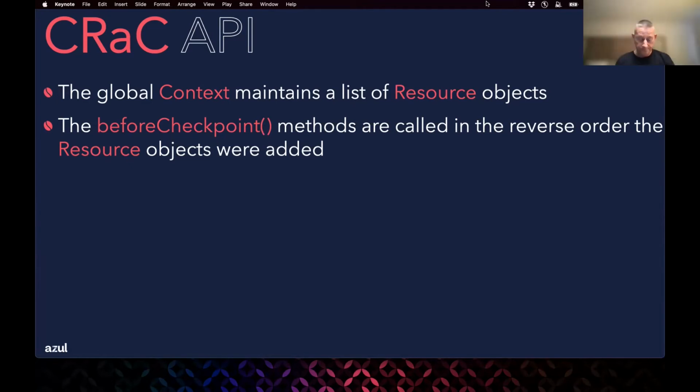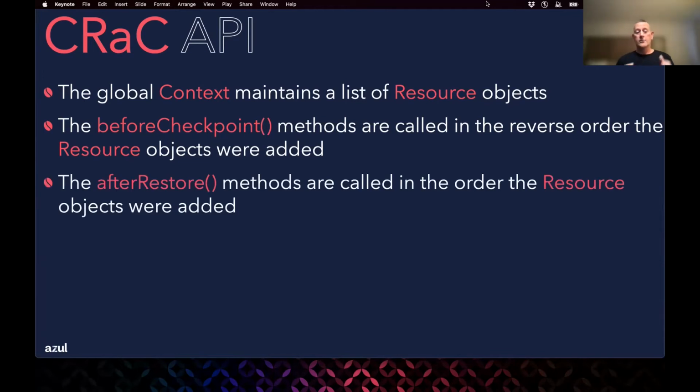So in this case, you have to make sure that you are not only registering the resources in the right order, but if you do the checkpoint, you have to call them in the reverse order to make sure you are back to the point where you all started. And if you call afterRestore, then it should be in the same order that was also used in the beginning, when you registered them. But I will show you that in a minute.